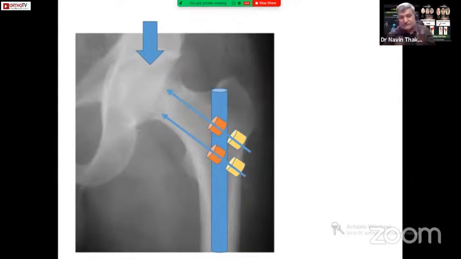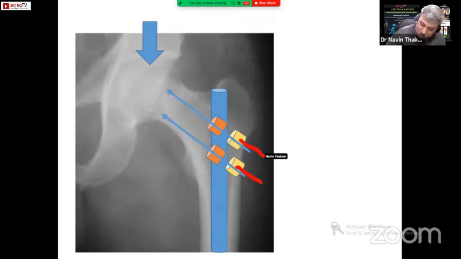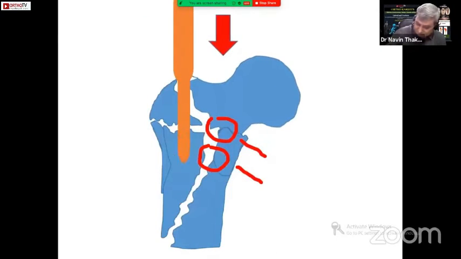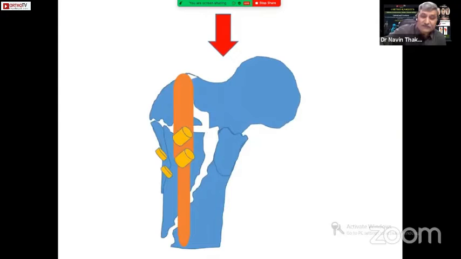Now imagine in your mind, when the lateral cortex is intact and you have made a drill hole in the lateral wall like this, and that hole is concentric with the hole in the nail itself. So now your whole system is concentric. But when the lateral wall is not there, what happens?